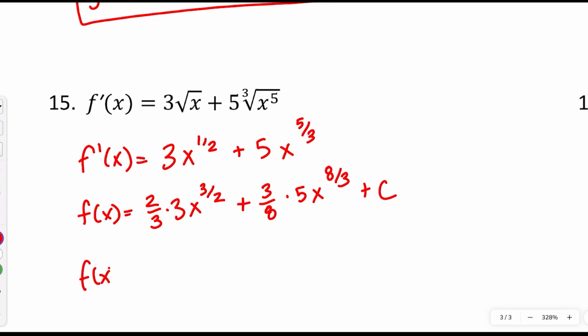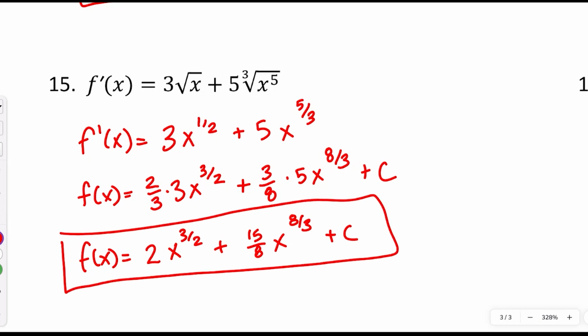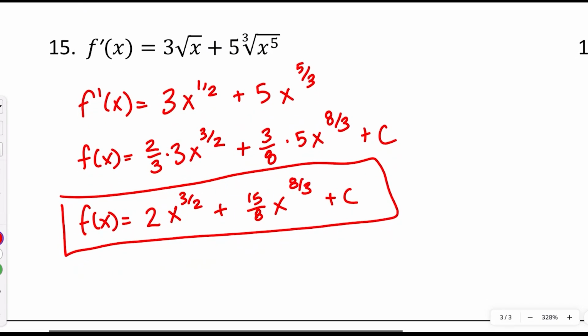All right, so after simplifying here, 3 divided by 3 is 1, so this is just going to be 2x to the 3/2 plus 15/8 times x to the 8/3 plus c.